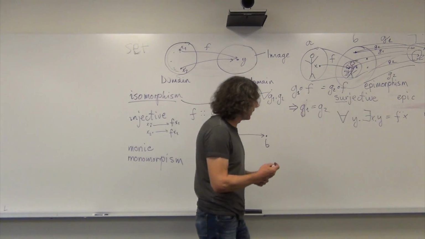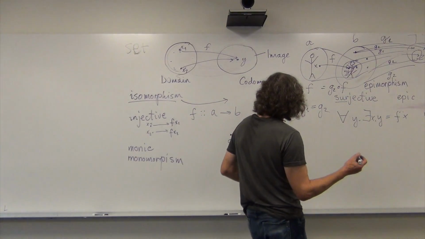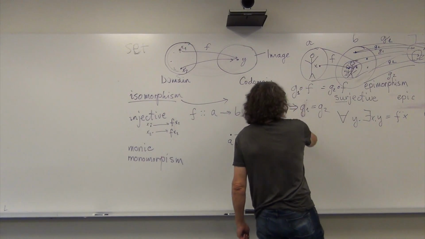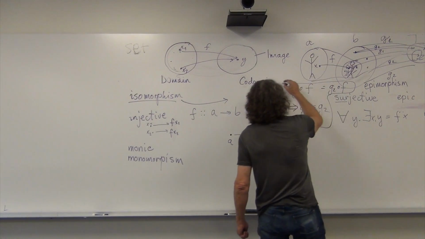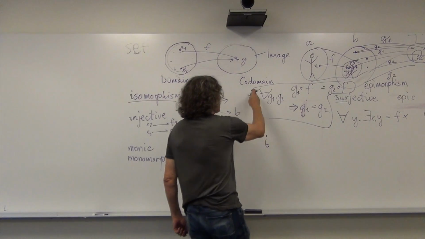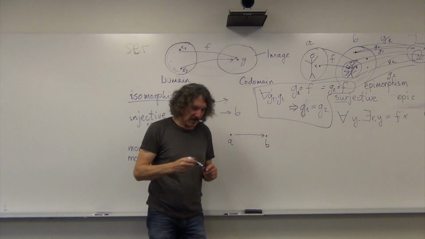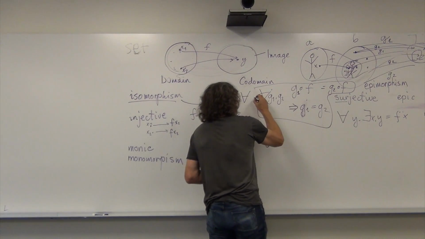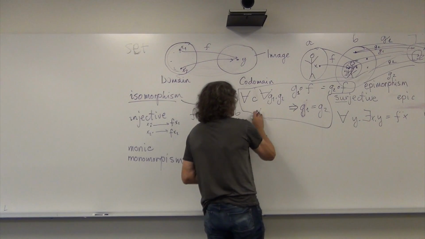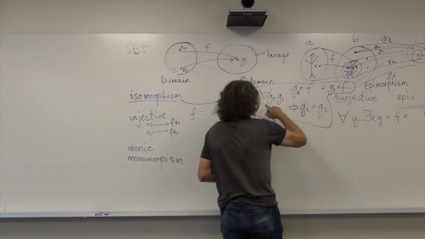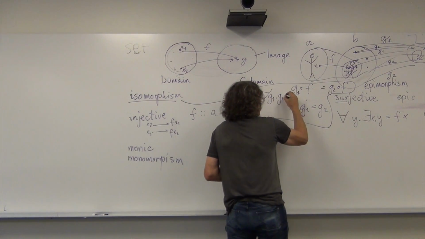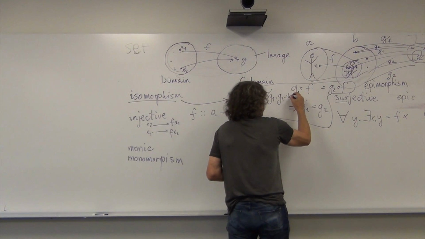And look what happened. Now I have expressed this purely in categorical terms, right? And maybe I should put one more for every C, right? For all C's, for all objects C's, for all morphisms G1, G2 that go from B to C, okay?